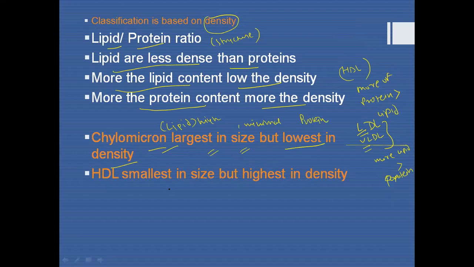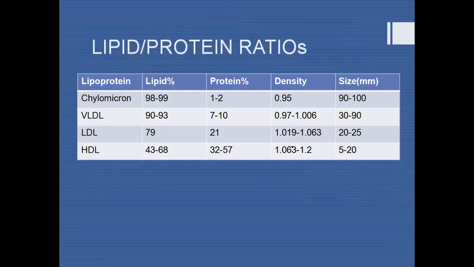In contrast, HDL will be smallest in size but will have the highest density. So it will have more protein. If you see the composition or the ratios of lipid and protein in all the lipoproteins, we can see here that in chylomicron, the lipid percentage is almost 98 to 99, and the remaining only 1 or 2% will be the protein.